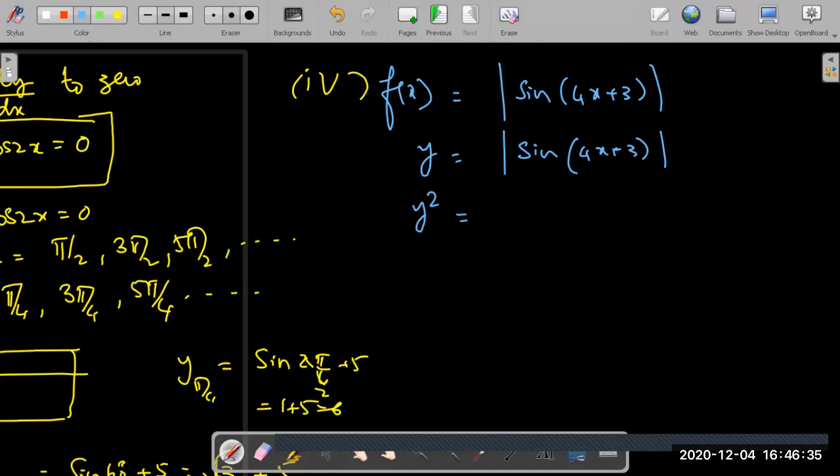So y squared equals sine squared of 4x plus 3, then differentiate. Wherever we have a mod, we take the square.